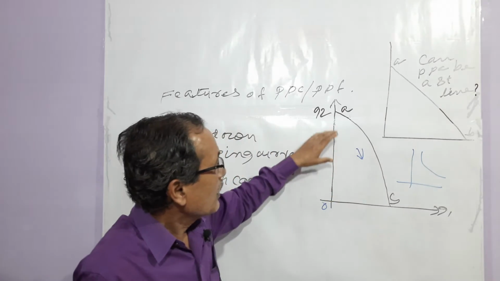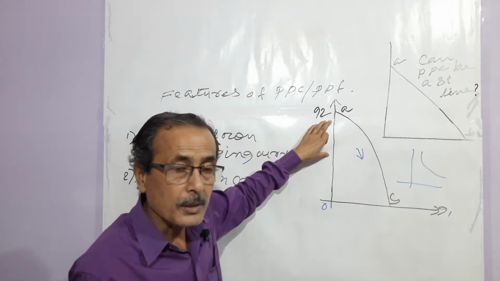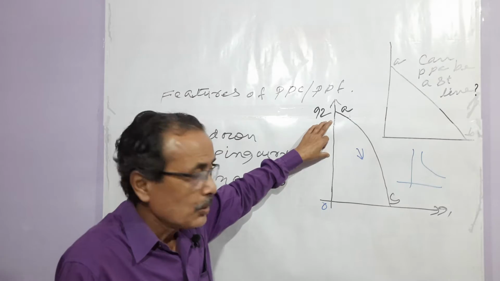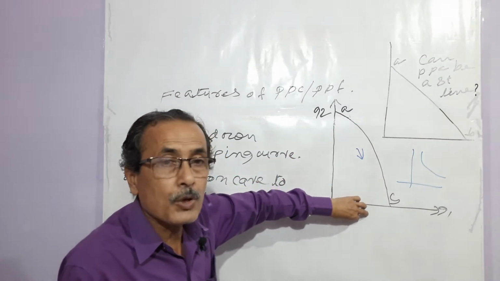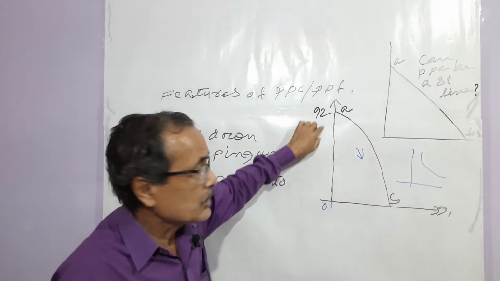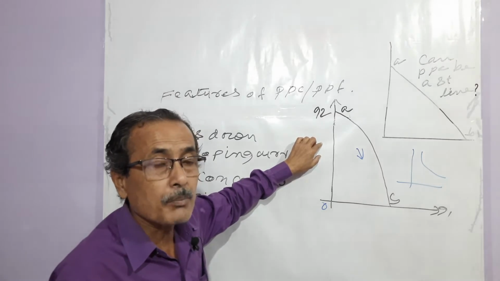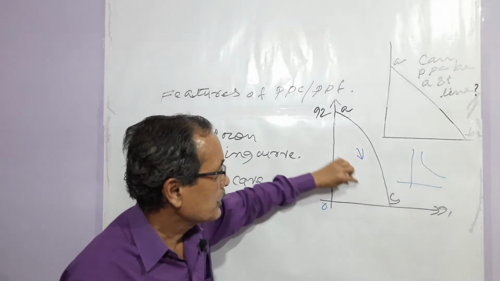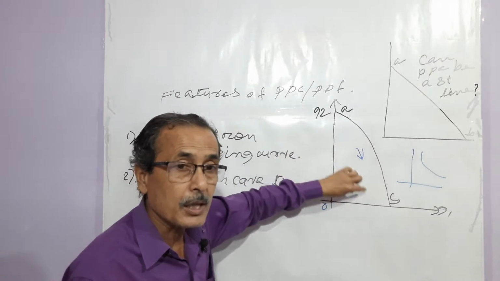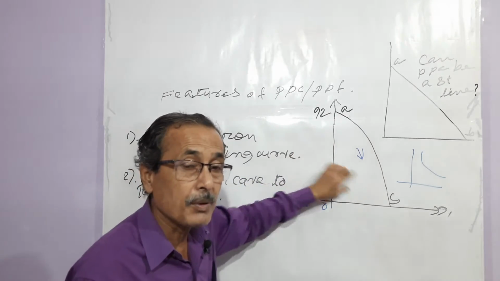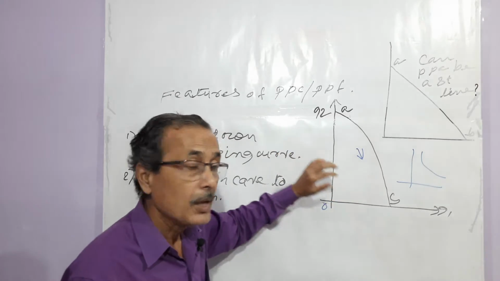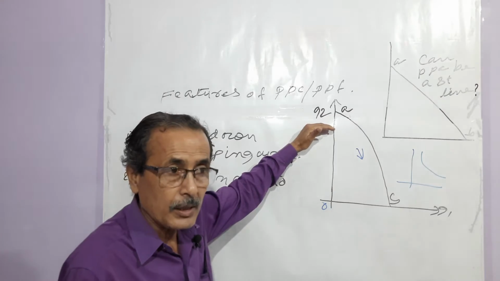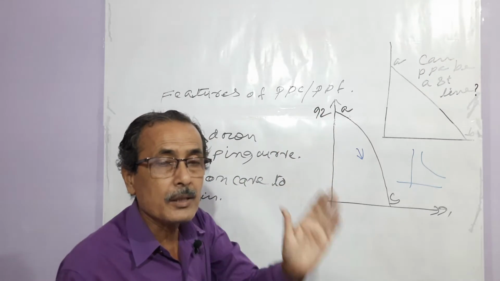It means you sacrifice the production of good 2 to increase the production of good 1. This rate of sacrifice keeps on increasing. First you gave up one and got one, then gave up 2 and got one, then gave up 3 and got one, then 4, then 5, and got one each time. So the rate of sacrifice, the transformation that you are making, is in increasing order.